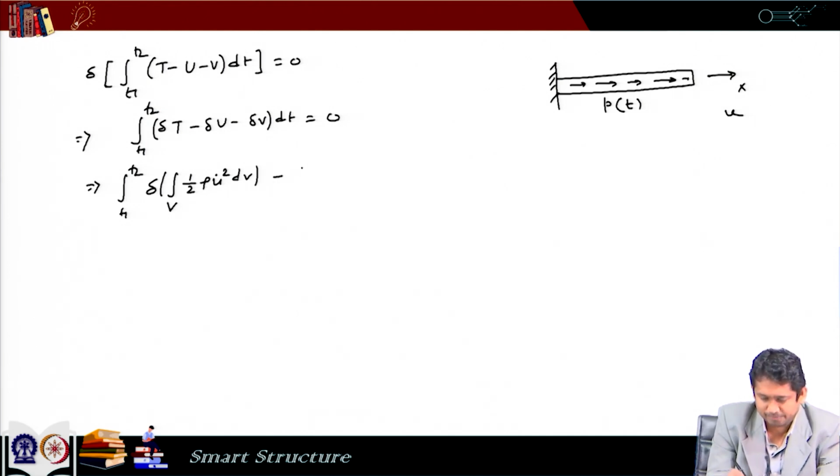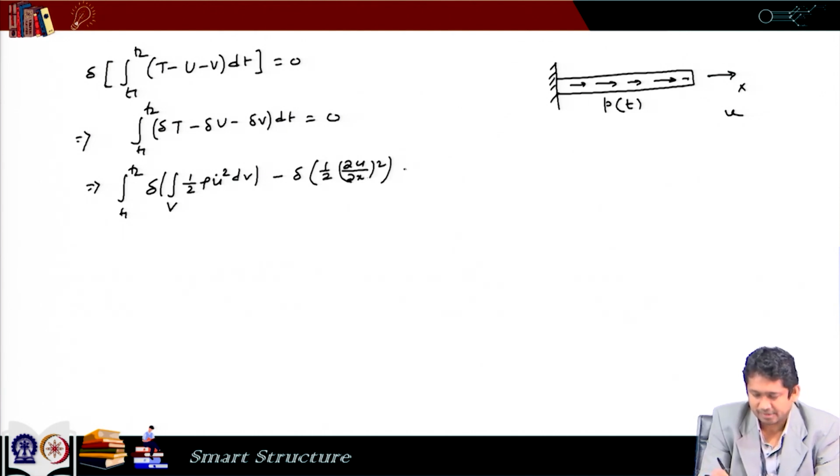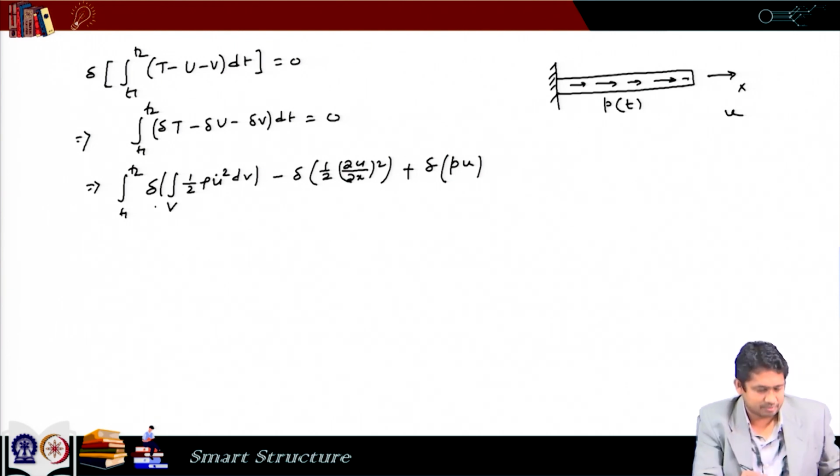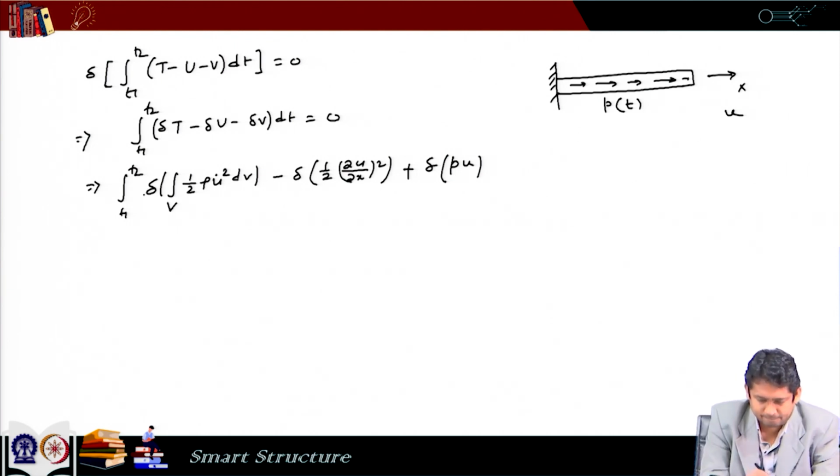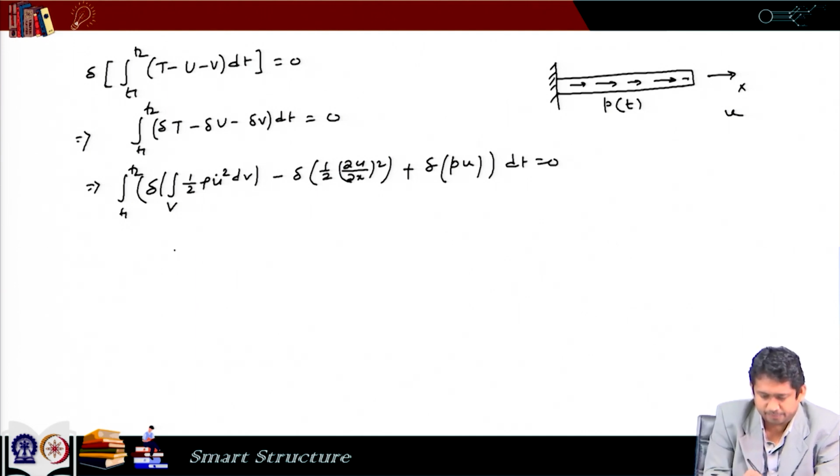And then here we have half into del u by del x square, and then here we have delta of P into u with a plus, dt equal to 0.